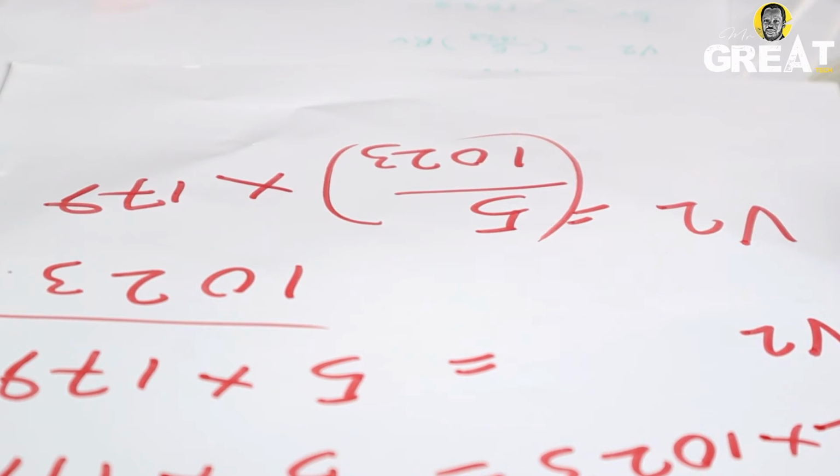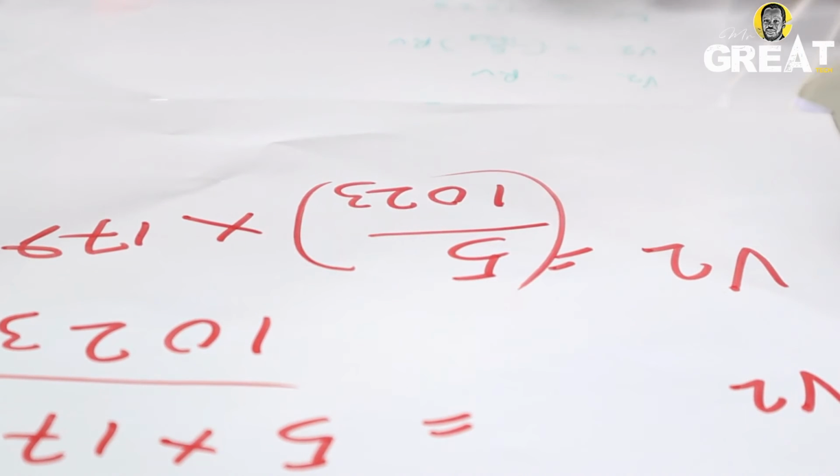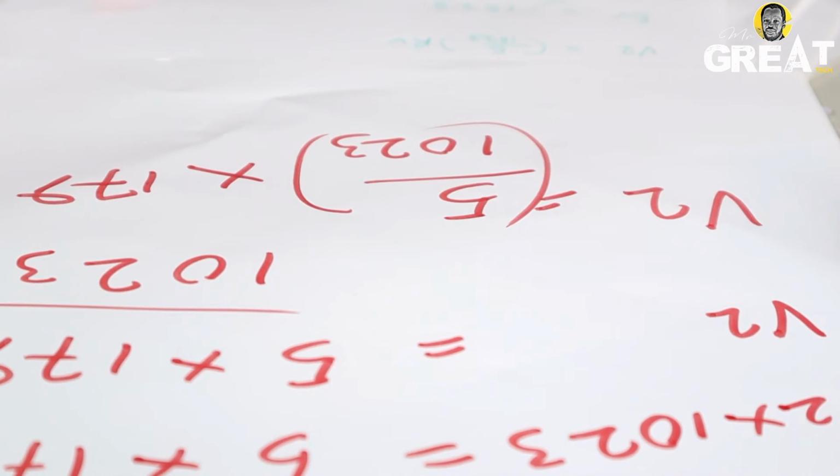So let's do it with my calculator. Very simple. Now I have 5 divided by 1023. I got 0.0048 something, multiplied by 179.